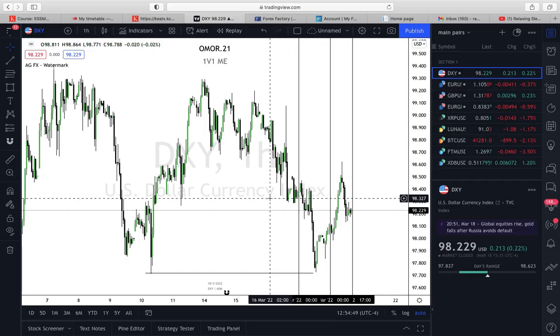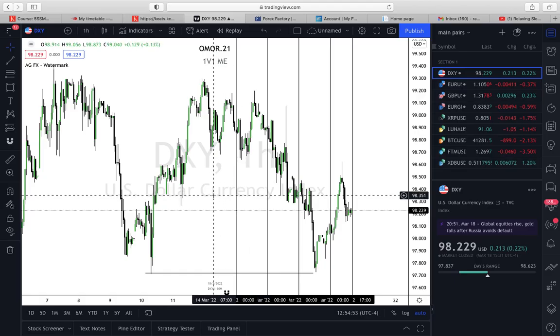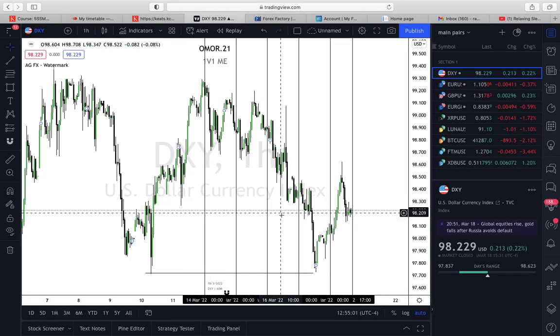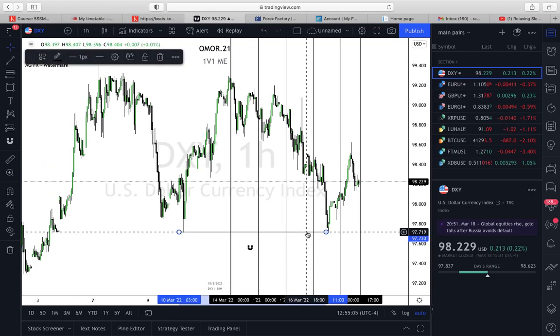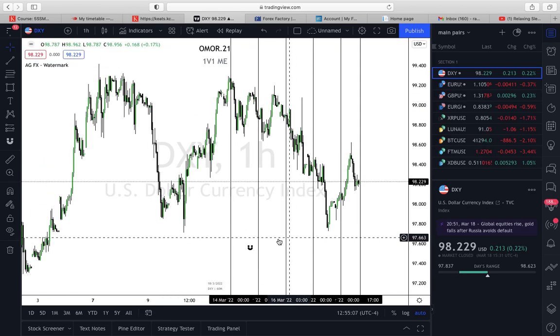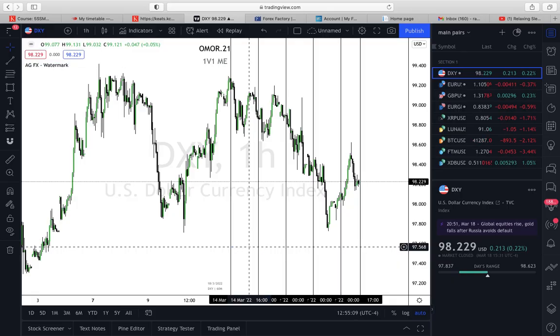That's Thursday, Wednesday, Tuesday, Monday. So this was the DXY. I'm going to remove this reference point right here. Just remember there's equal lows there for now, just to make sure that the chart has less clutter on it.